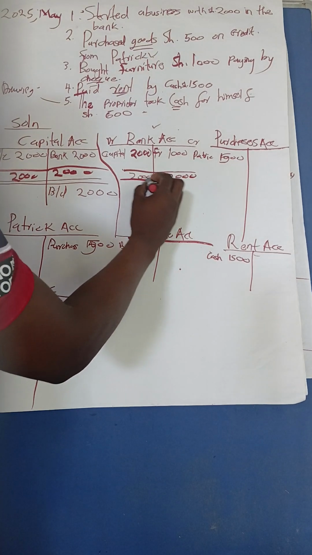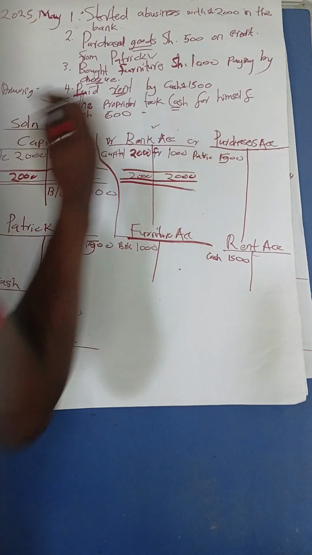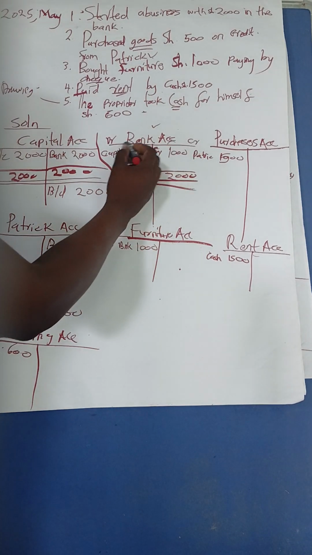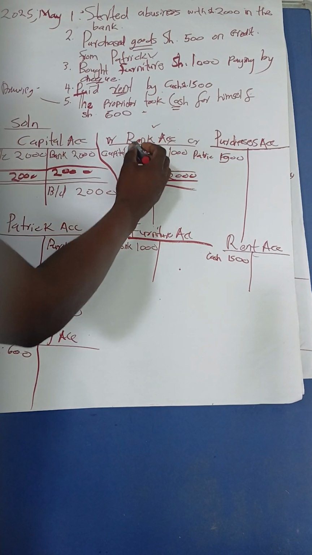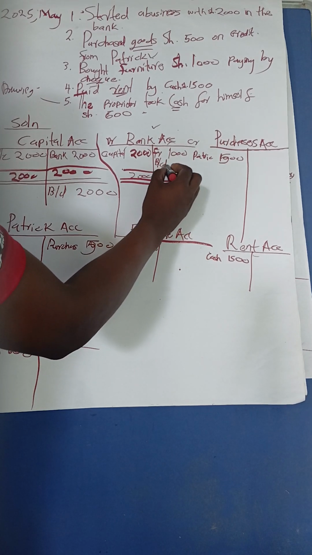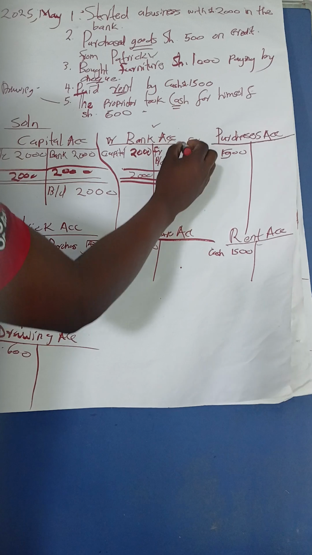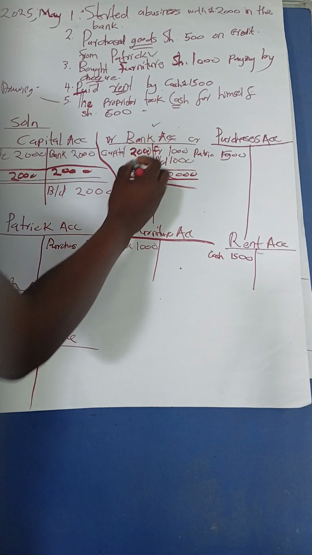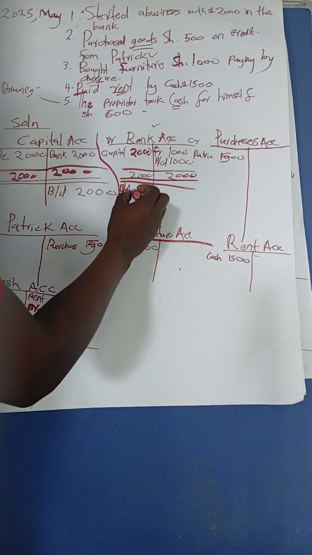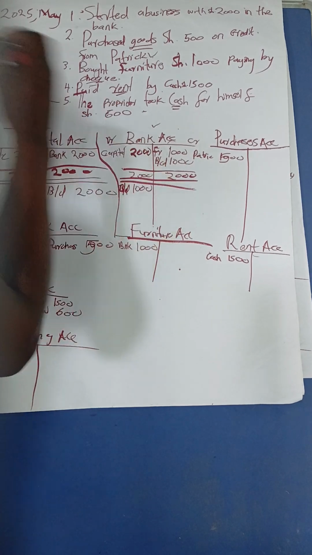So to make this 2,000 on this side, because you can see we have 1,000 here, we have to borrow. You get the totals on this side. You subtract from this, 1,000 from 2,000. We get 1,000. So it becomes balance carried down of 1,000 here. So that when I add, this is 2,000, 2,000. Then you come and say balance brought down of 1,000 here. That way.